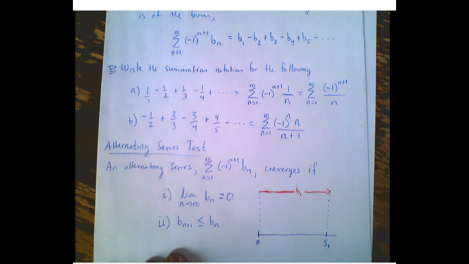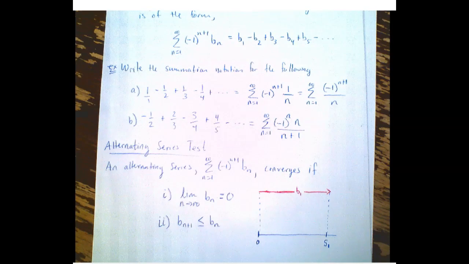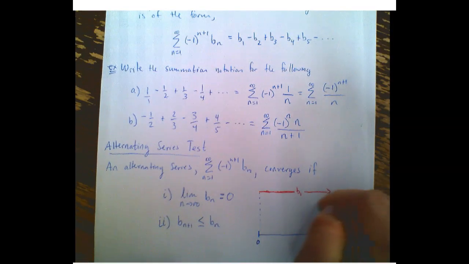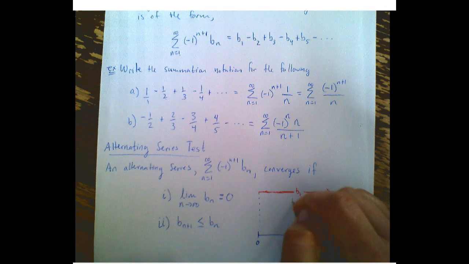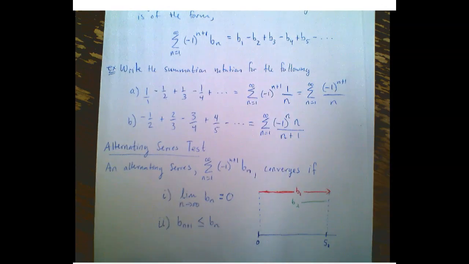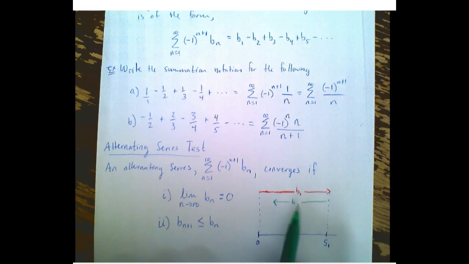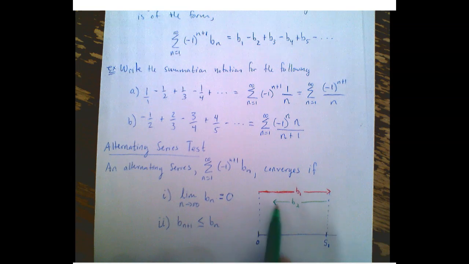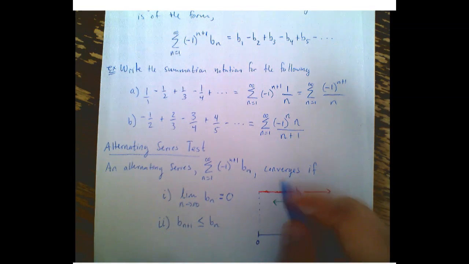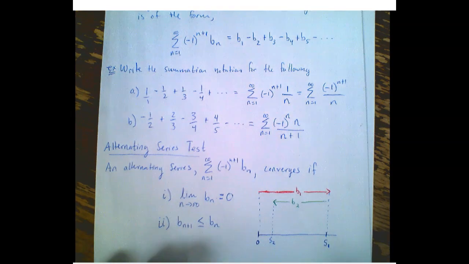So when we subtract b2, it's going to put us backwards a little bit, right? Because b2 is negative. So it's going to put us back some, let's say, to here. And we know that the magnitude of b2 is smaller than b1, so we're not going to go too far here. So our second partial sum would be right here. Okay.